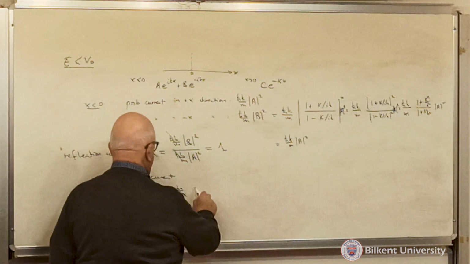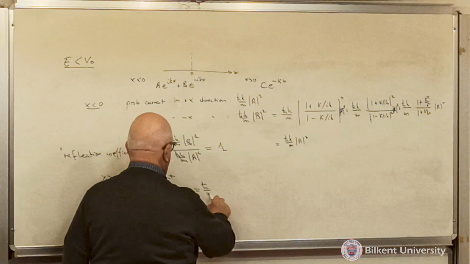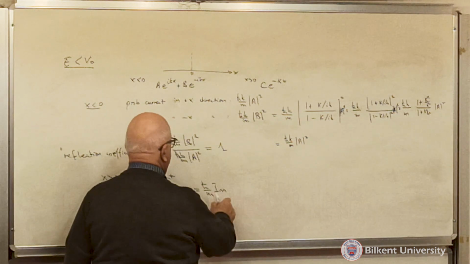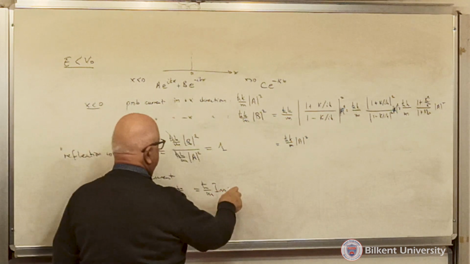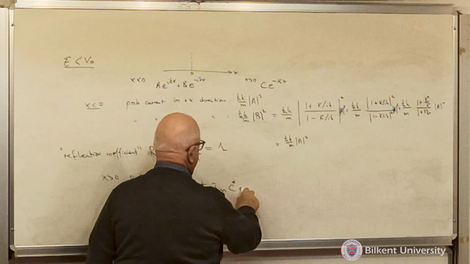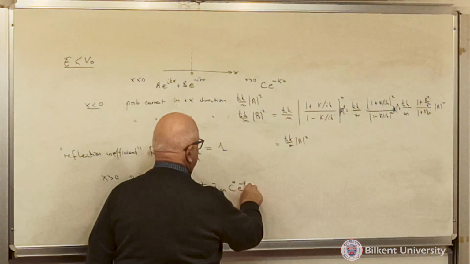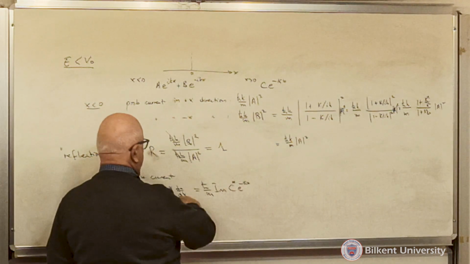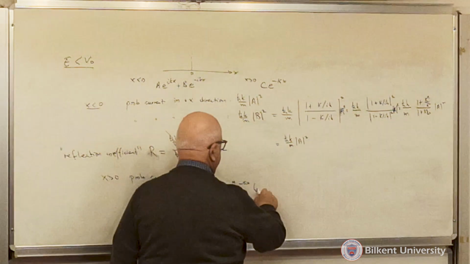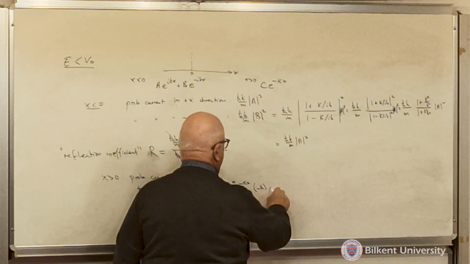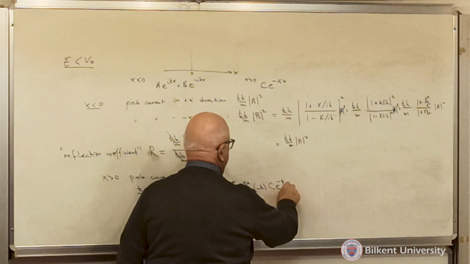Here u is real, so it's c star e to the minus kx, and the derivative brings down a minus k, times c e to the minus kx.